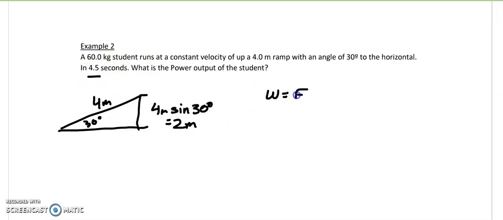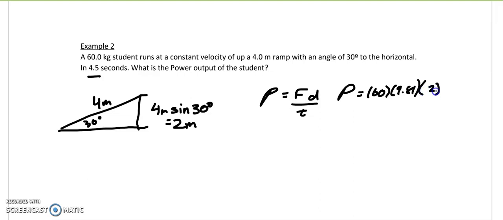Power is again equal to force times distance over time. Sorry, that would be the power. So let me erase that. That's the power is equal to force times distance over time. We're looking for the power here. The force is going to be equal to 60 kilograms multiplied by 9.81, bringing this person up against gravity, right?